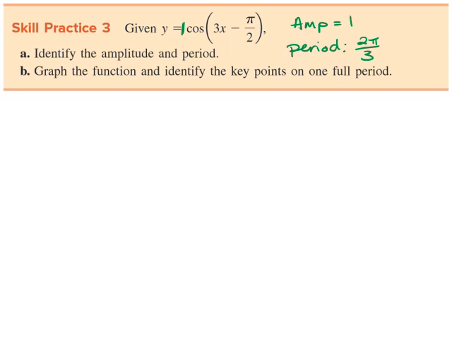So it's helpful to figure out where this graph is going to start and end. So we'll sandwich the argument, which is this, between 0 and 2 pi. So to solve this, I will add pi over 2 to all sides.